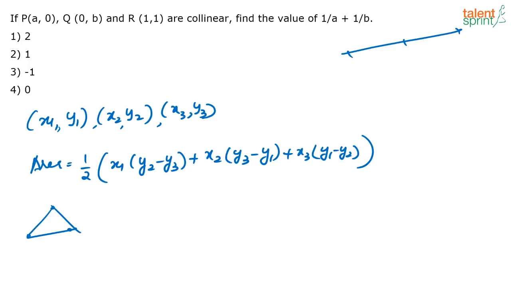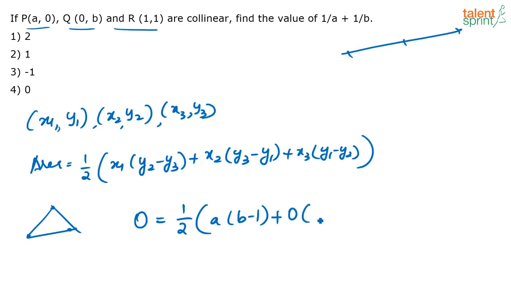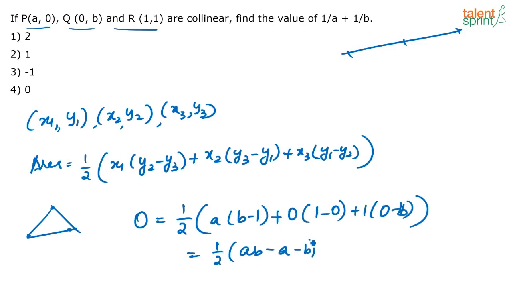So what is the area of a triangle that you can form using these points? You know the area is 0, right? So 0 is equal to half of, just put in the coordinates here: a into b minus 1 plus 0 into 1 minus 0 plus 1 into 0 minus 1, that is equal to half into ab minus a minus b.